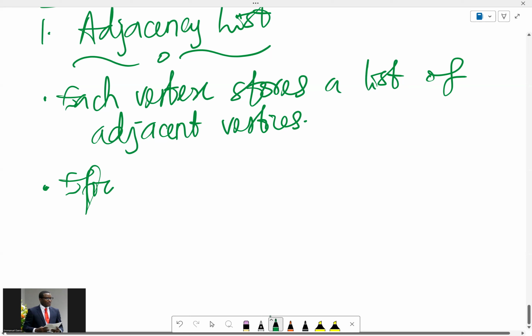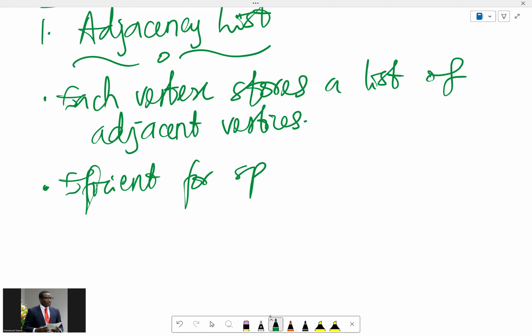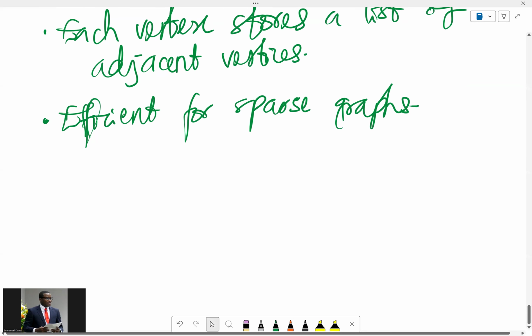This is efficient for sparse graphs, that is, graphs that are not so dense, so to speak.